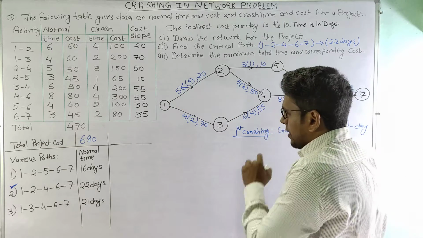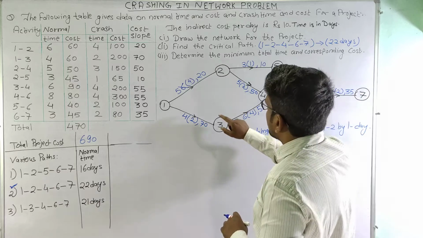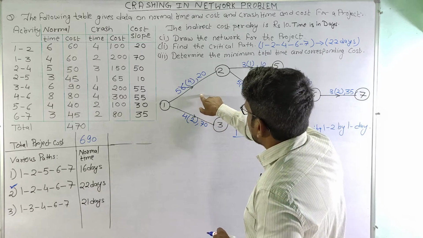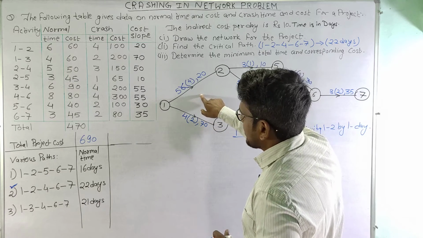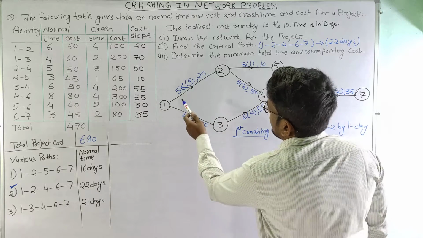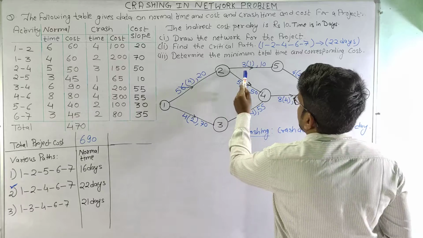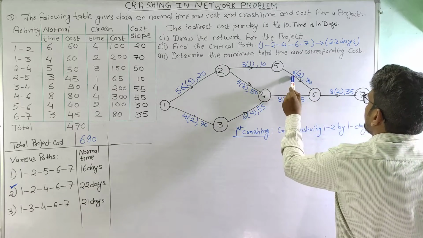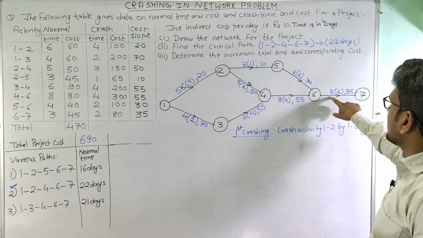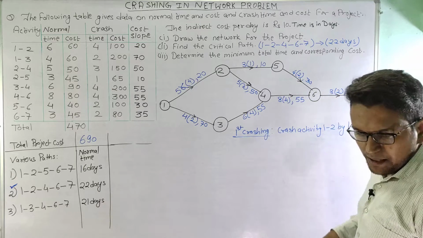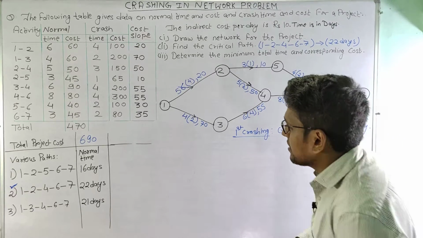And now let us see the timing for each path again. So first path, this is 5 plus 3, 8, 8 plus 4, 12, 12 plus 3, 15. So this time has been changed to 15 days.